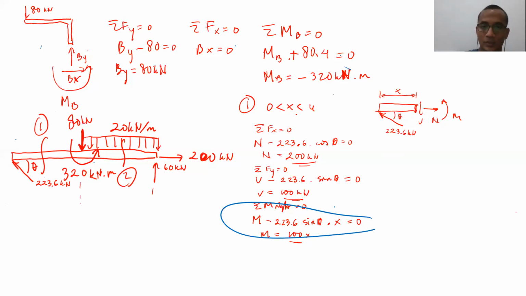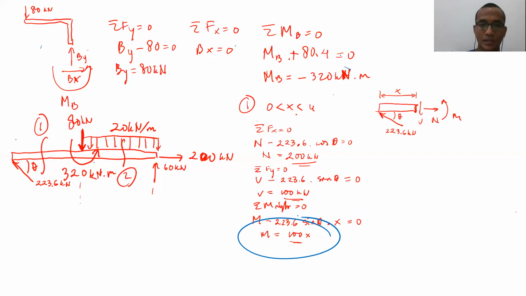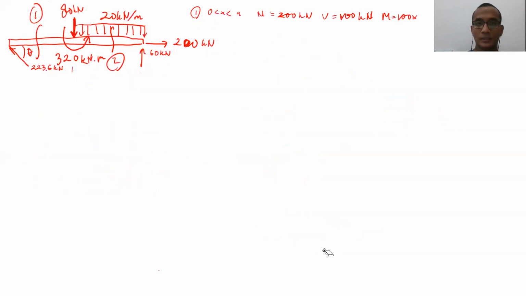So M minus 223.6 sin theta multiplied by x, and what I will get is M is equal to 100x. Then I will move to the second cut.